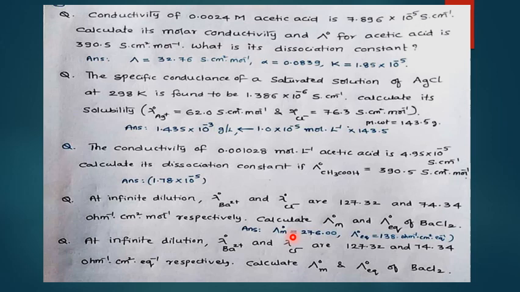Here check question number 4 and 5. At infinite dilution, the two questions are almost the same, but the unit I have changed. This is mole inverse and this is equivalent inverse. When mole inverse is mentioned, you can directly calculate the molar conductivity at infinite dilution, and by using that value you can proceed to the equivalent conductivity at infinite dilution.